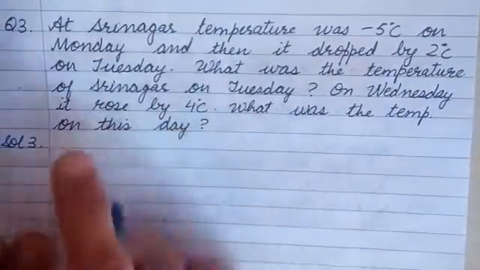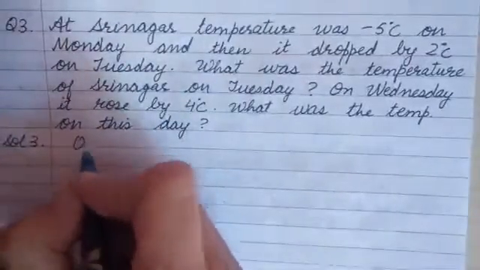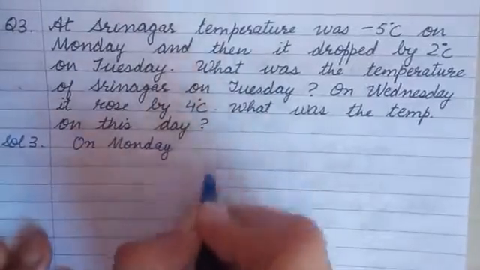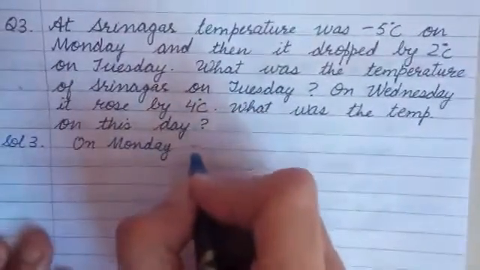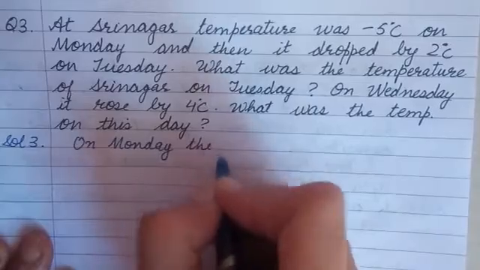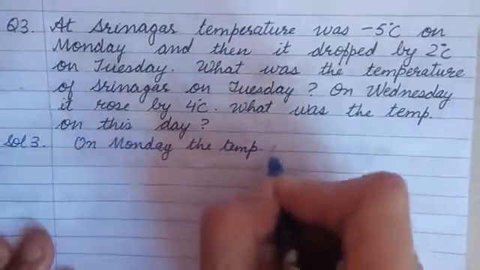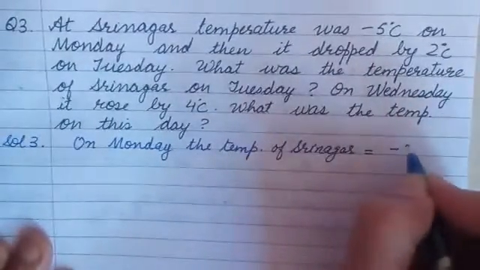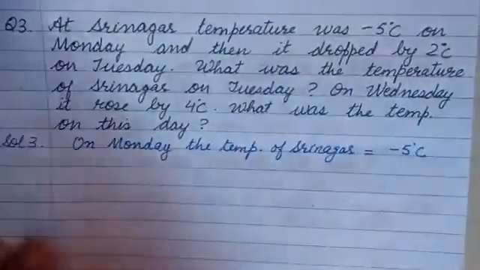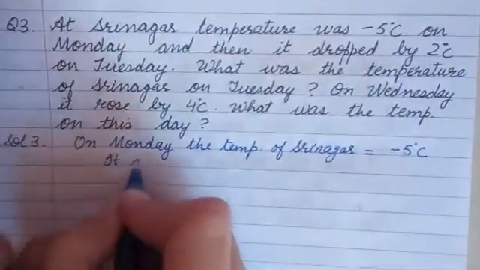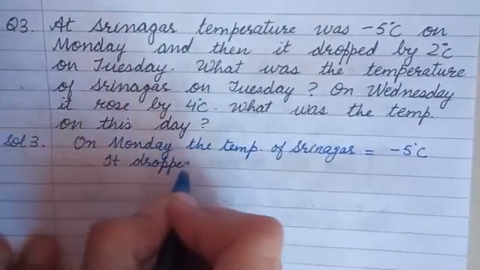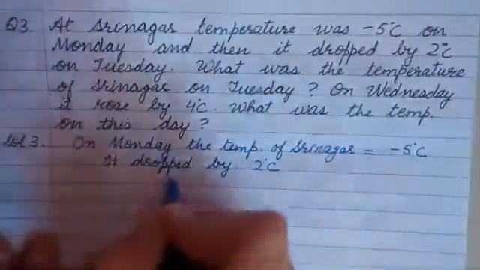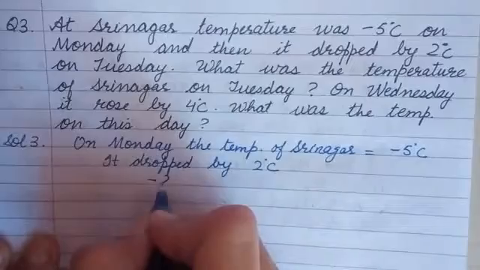So, it is given that on Monday, the temperature of Srinagar was minus 5 degree Celsius. It dropped by 2 degrees Celsius. Dropped means minus 2 degree.